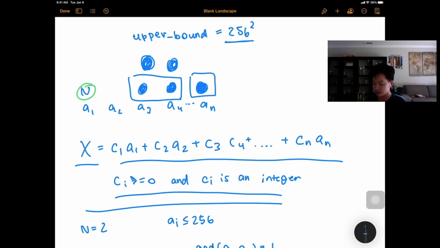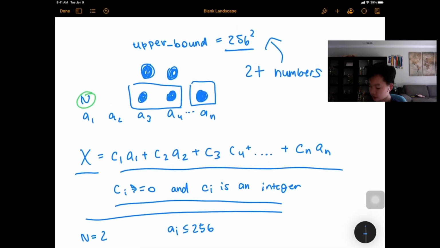So we now know that if we choose two or more numbers, then our upper bound is going to be this.